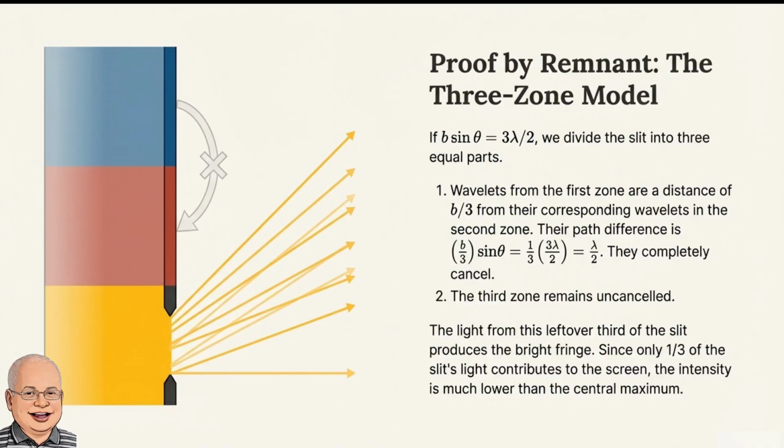So the light from this leftover third part of the slit, so 1/3 of the slit, will produce bright fringes. Since only 1/3 of the slit light is contributing to the screen, the intensity is much lower than the central maximum.